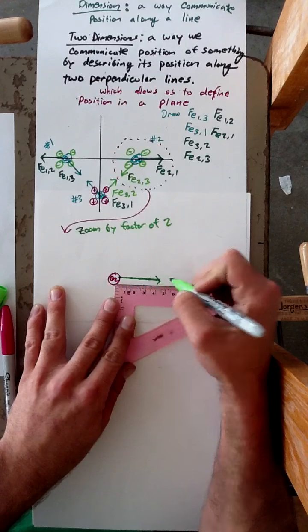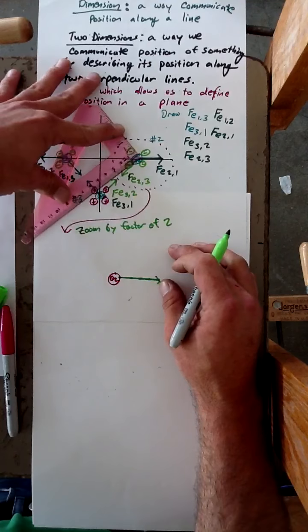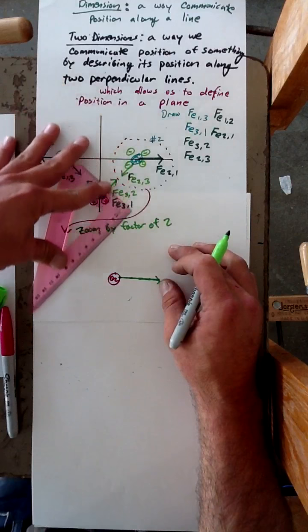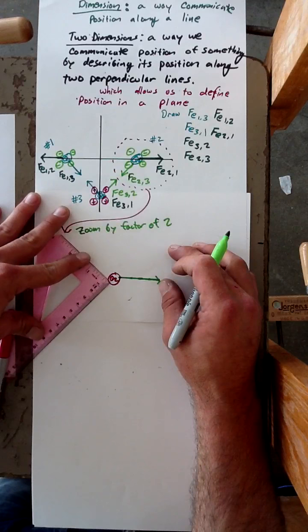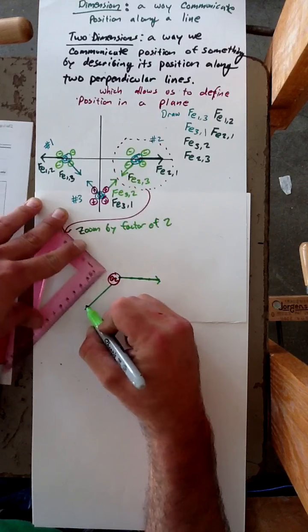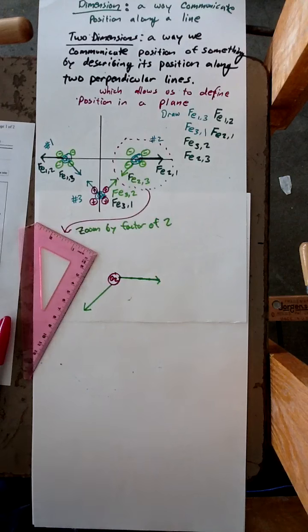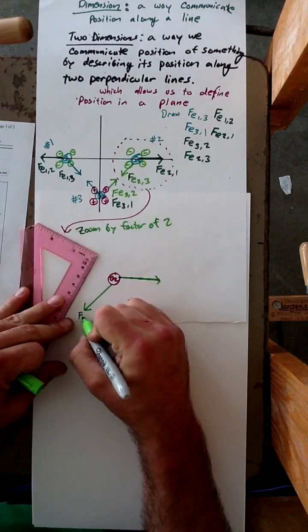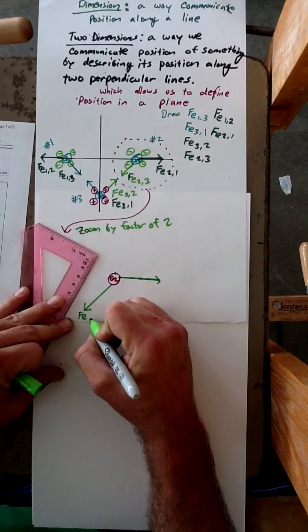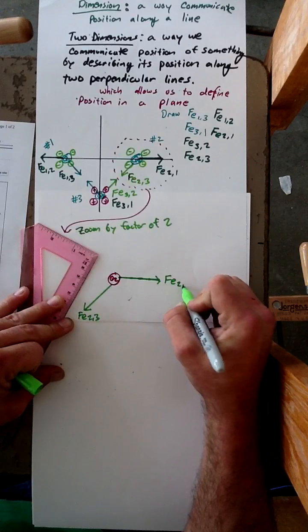So those were 2 centimeters, now they're 4. And I'm going to approximate this angle. It looks like it's about here. And we have 1, 2, 3, 4. And there we go. So I'm going to relabel these FE 2,3 and FE 2,1.